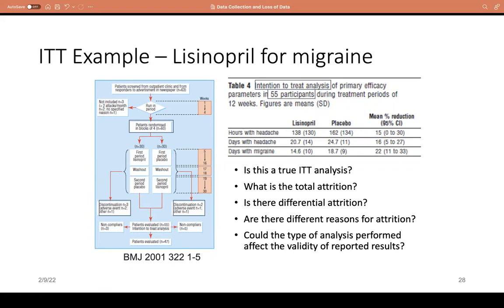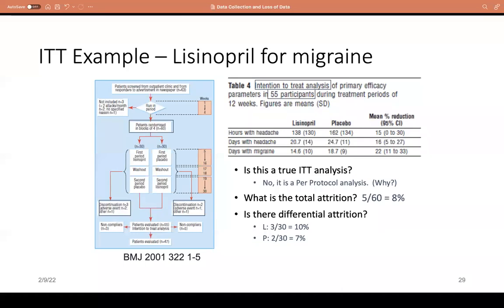Okay, and then you can go through some of the other questions. We're just going to skip ahead. So no, it's not a true intention to treat analysis, because they excluded people who discontinued for different reasons. So this is actually a per protocol analysis. What is the total attrition?